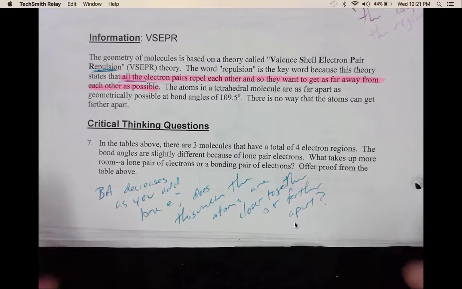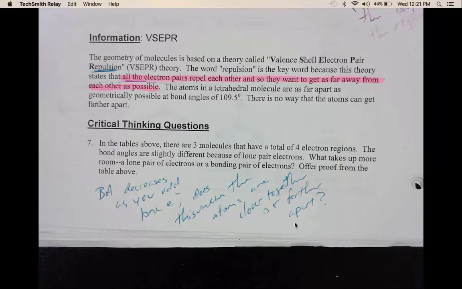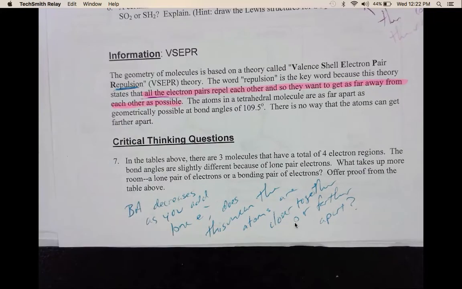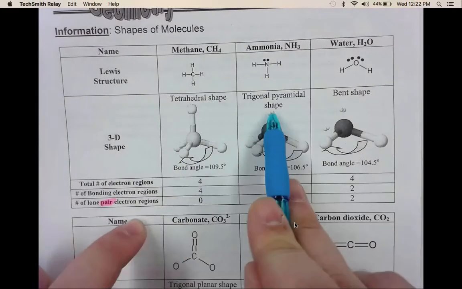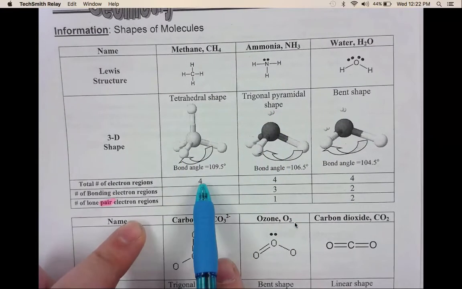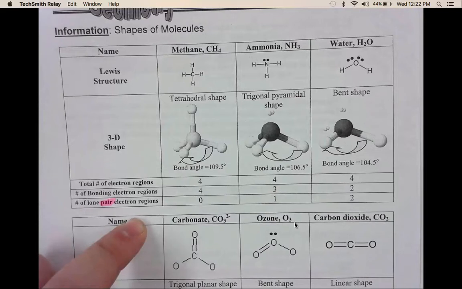Next is question 7. When you're thinking about question 7, you're thinking about comparing bond angles with bonds and lone pairs of electrons. What I want you to think about, BA stands for bond angle. So if we're looking at methane, ammonia, and water, we're looking at these examples because they all have 4 electron regions.